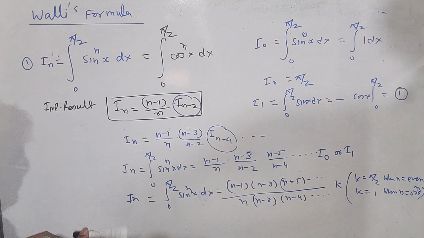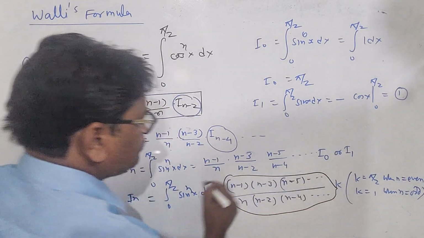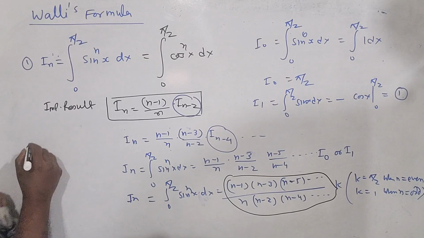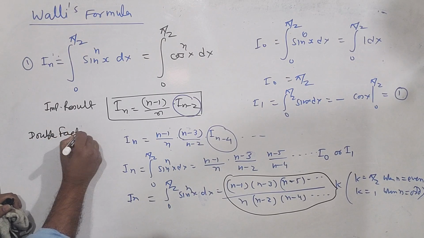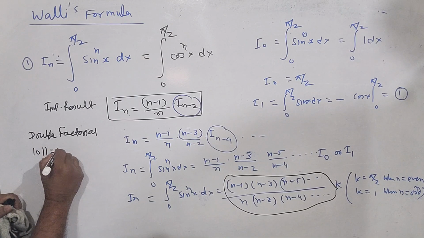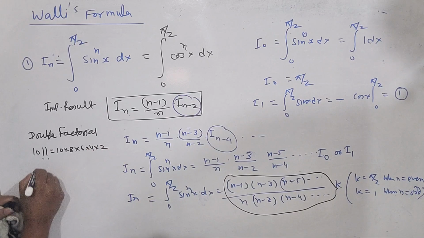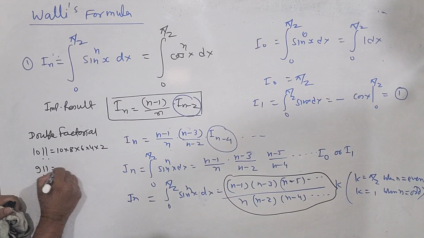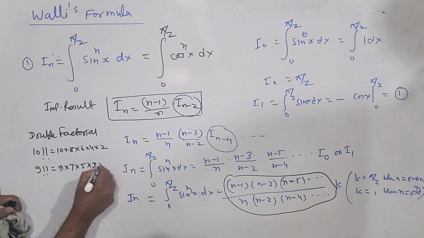Now the important point is, this is very easy to remember. For this, you have to know the double factorial. Now look here, double factorial. The double factorial of 10 is 10 into 8 into 6 into 4 into 2. Or the double factorial of 9 is 9 into 7 into 5 into 3 into 1.